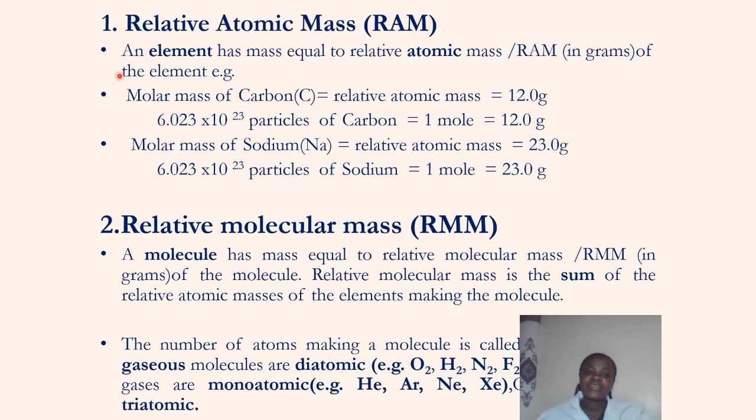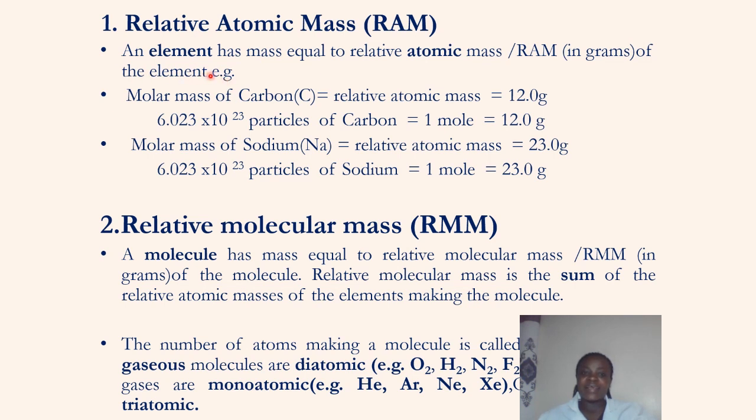So we look at each one of them. We start with the relative atomic mass, or the RAM. We say an element has a mass equal to the relative atomic mass. We have seen that an element's relative atomic mass is equal to its molar mass.